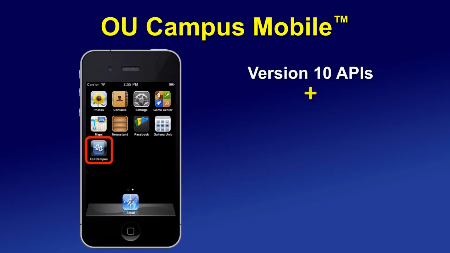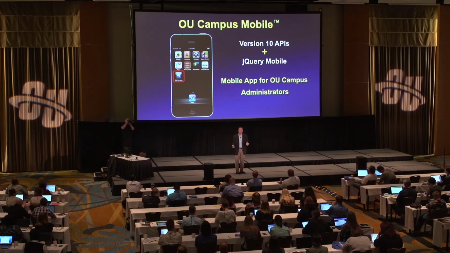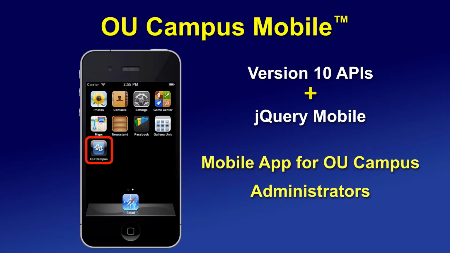This is using the version 10 APIs and a mobile web app for you as administrators of OU Campus. So again, this is just one example of something that can be done with the APIs. A whole new experience, a whole new application for the product because we have these APIs.